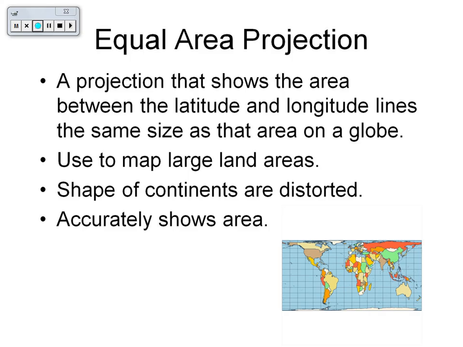So the amount of land is going to be accurate, but the shape of the continent might get distorted. You would use this if you are trying to hike, ride a bike, or drive. You want to know how much land you're trying to cover. You don't care what it looks like. You just need to get from point A to point B and have an accurate calculation of that distance.